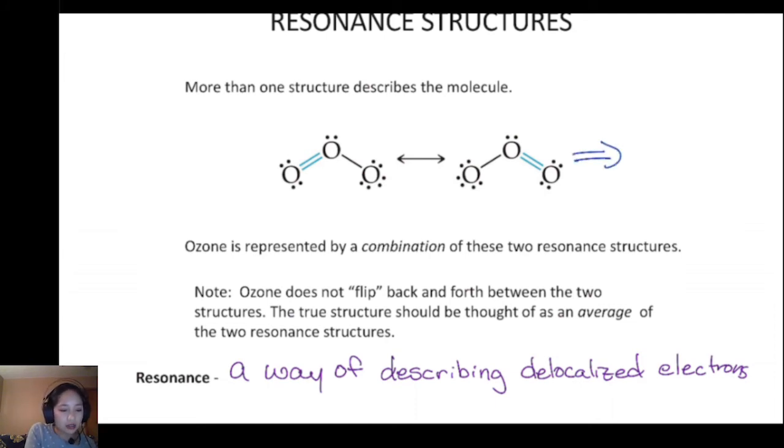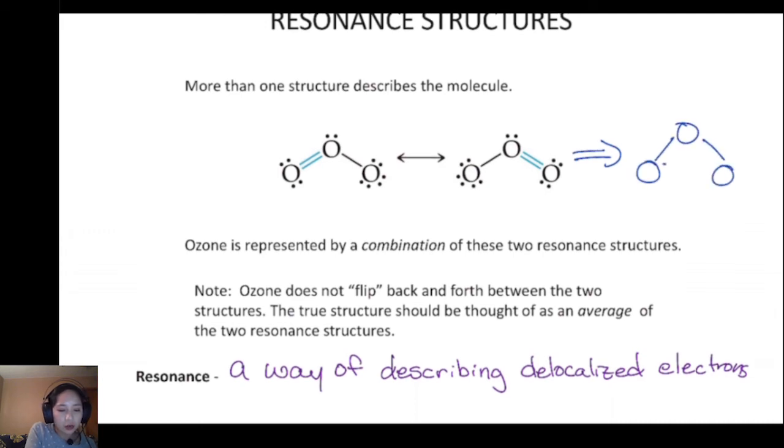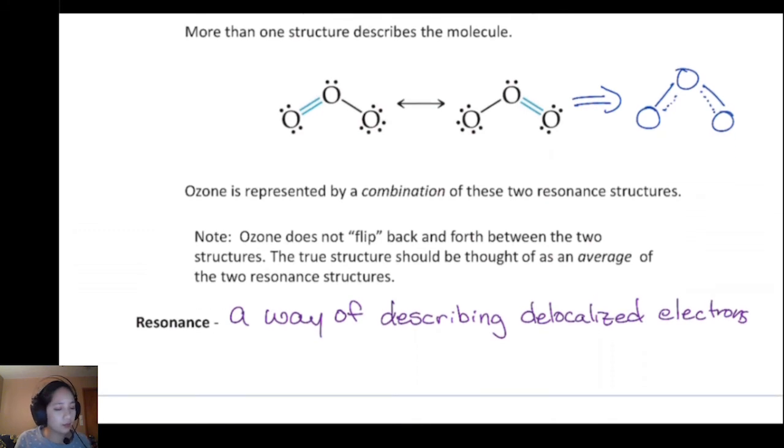So if we summarize this, we have a bond order of 1.5. That double bond is smeared across the entire molecule. I didn't put lone pairs in because that gets confusing. I just want you to look at the bonds: that double bond isn't locally located on one side of the molecule. So let's define resonance.